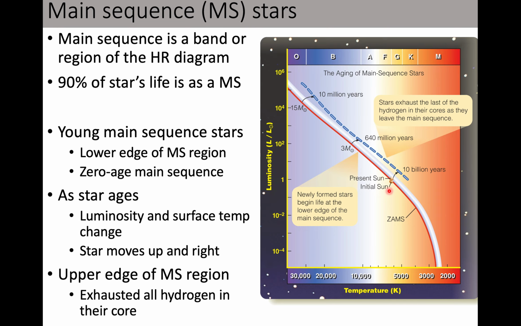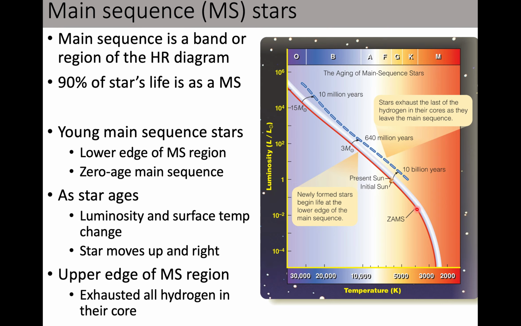So we know that the main sequence is this diagonal center region of our HR diagram. Most of the star's life is on the main sequence. Young main sequence stars will be at the lower edge. Here we have the zero age main sequence labeled right here, where we have brand new young main sequence stars.